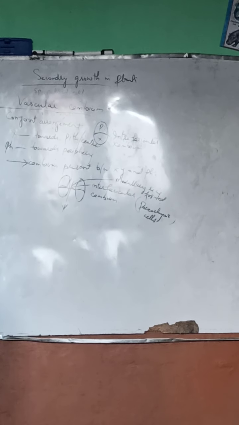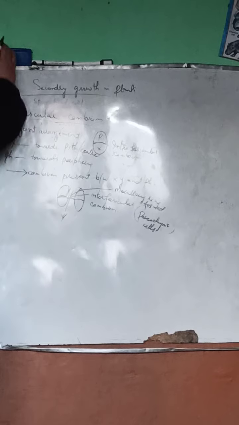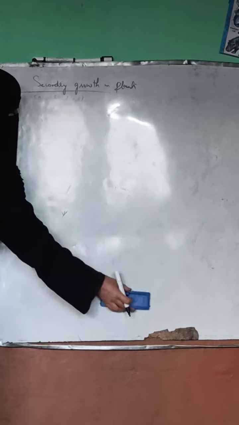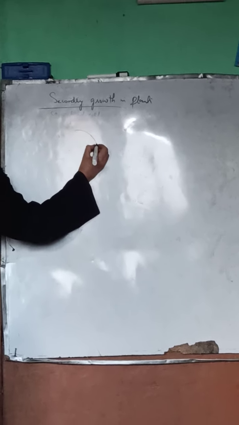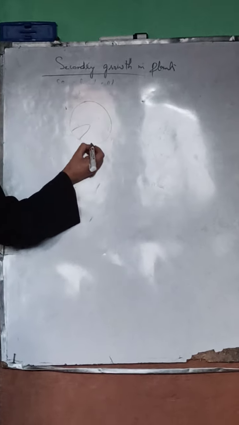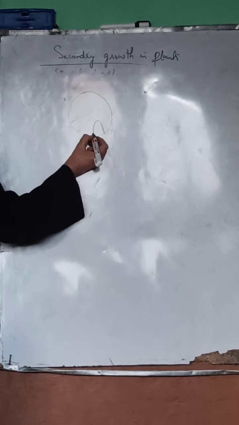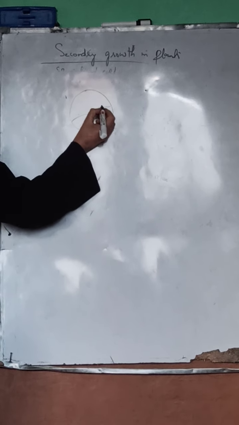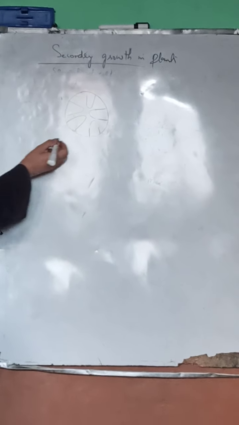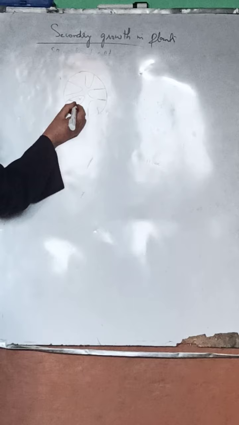For example, we will make the vascular bundles here. These are vascular bundles, and this is the arrangement of xylem and phloem. And I have told you xylem is towards pith.